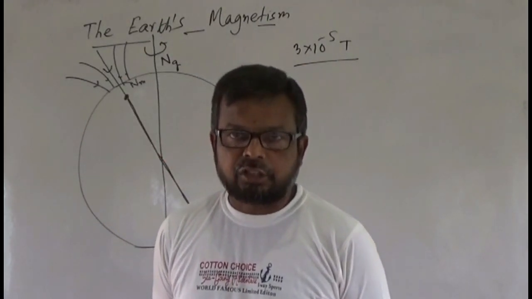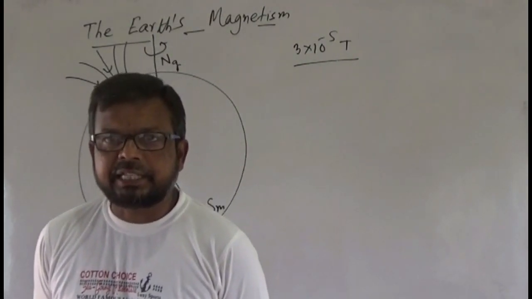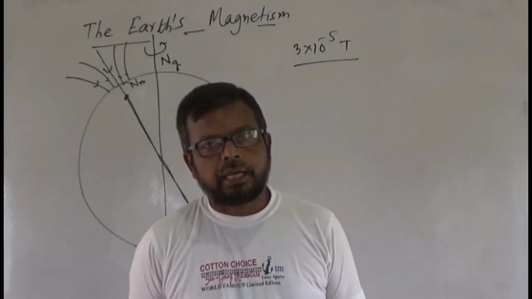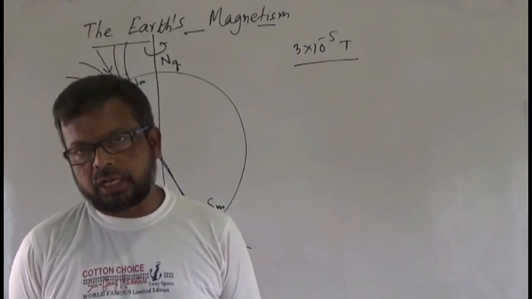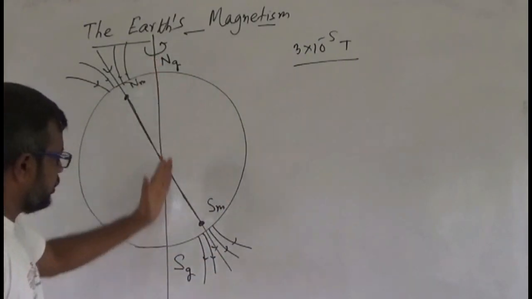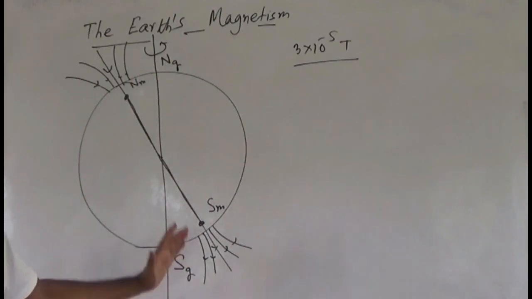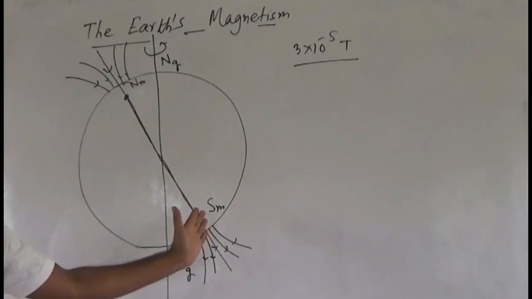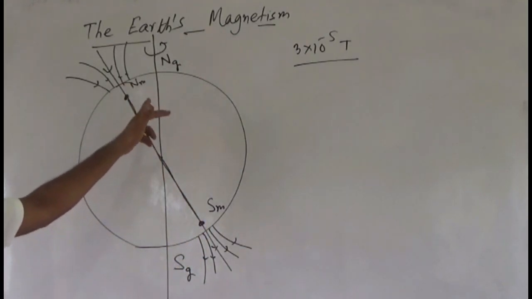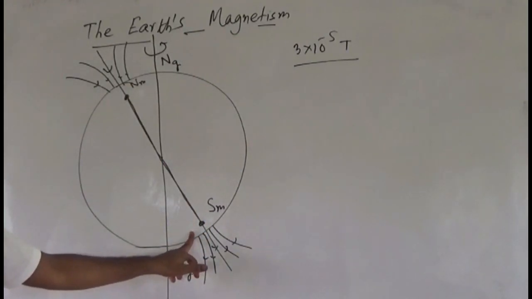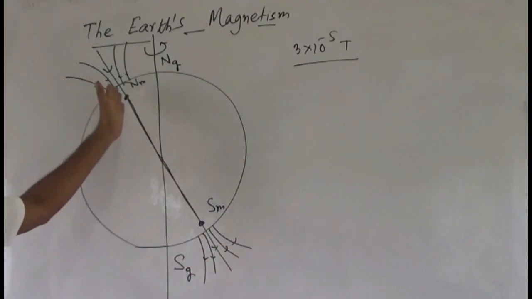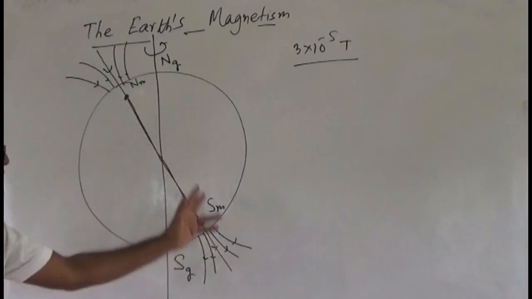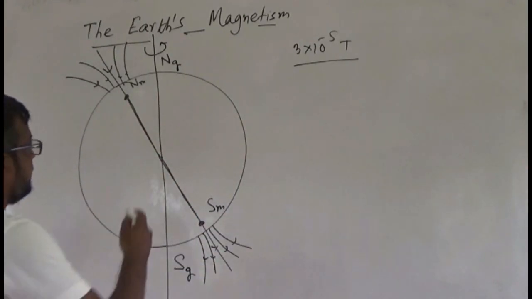Already we have defined the geographic axis, an imaginary line joining the geographic north pole and the geographic south pole of the Earth. That is this. The line joining the magnetic poles, that is Nm and Sm, is called the magnetic axis. This is the magnetic axis, this is the geographic axis.